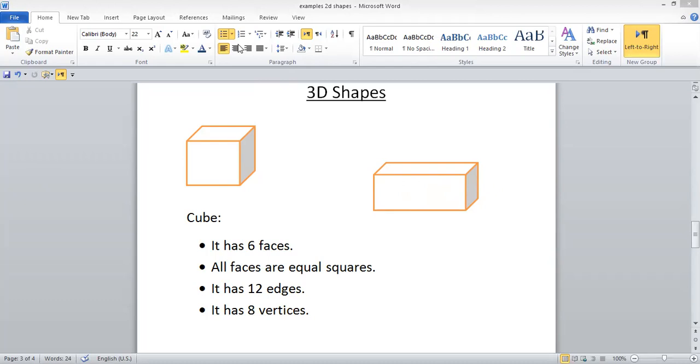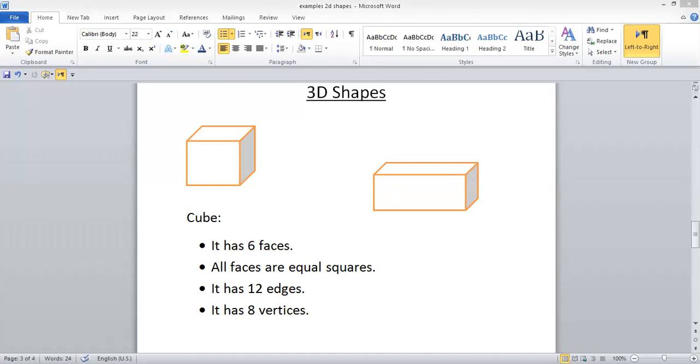You know, guys, cube and cuboid are quite similar, but in a cuboid, some of the faces have a rectangular shape. In a cube, all faces are equal squares, whereas in a cuboid, some of the faces are rectangular.